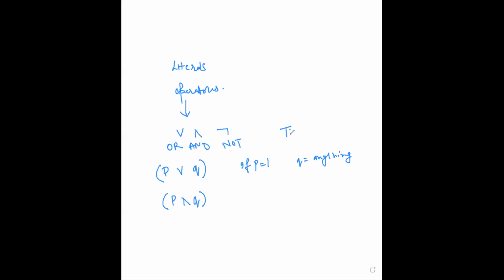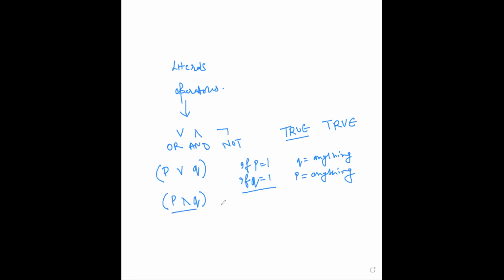That means this is satisfiable. Obviously, real examples are not this small. In the other case, if Q is equal to 1, then P can be anything, and the value of this CNF will be true.